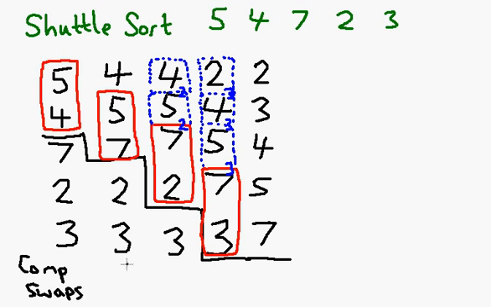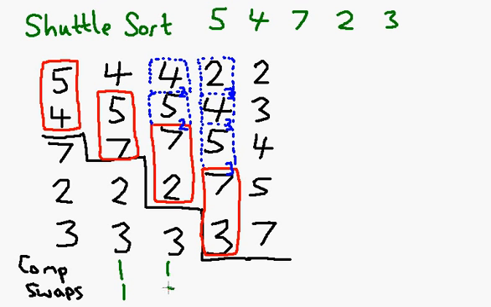With shuttle sort, this is a relatively easy thing to do. I'll just change the colour to green. So here we can see in the red box we made one comparison in that first pass, and we made one swap. The 5 and the 4, swapped. Then we've got the 5 and the 7 in the second pass. That was one comparison. We didn't compare any other numbers.